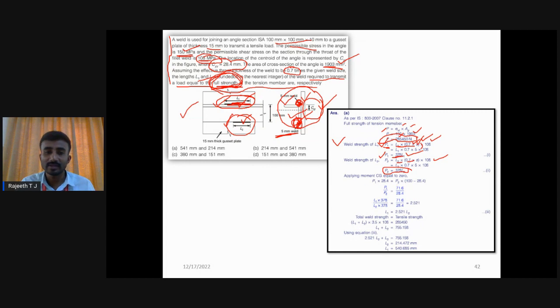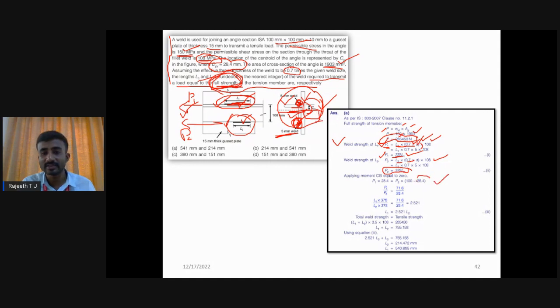If you take moment about this CG, P1 into CYY and P2 into this distance. P2 is the force acting in L2, and this is P1. Since the joint is in equilibrium, if you take moment about this center line, P1 into CYY must be equal to P2 into the remaining distance out of 100, that is 100 minus CYY.